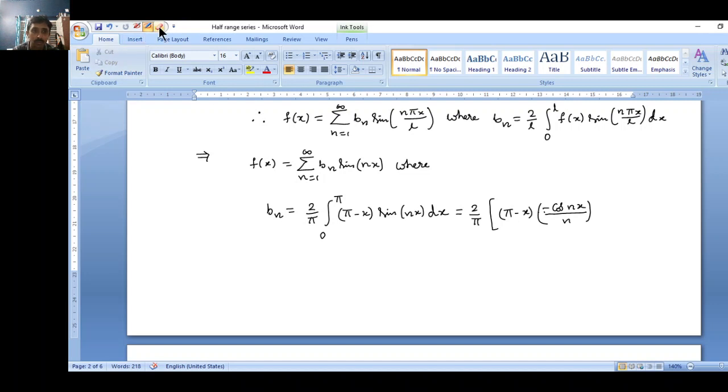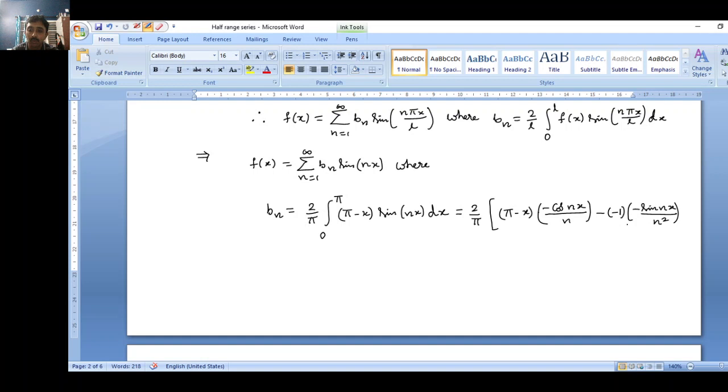Correct? So this is going to be the first term as such. Okay, and then we take a minus sign, and then differentiation of pi minus x is going to be minus 1. Okay, and integration of minus cos nx is minus sine nx divided by n square.